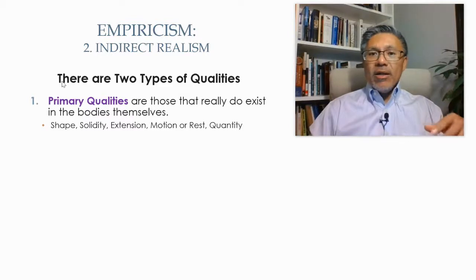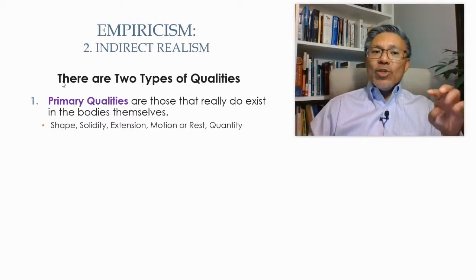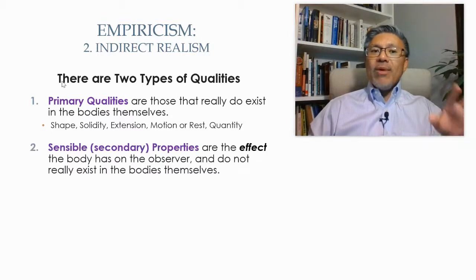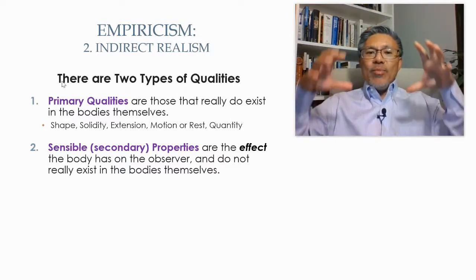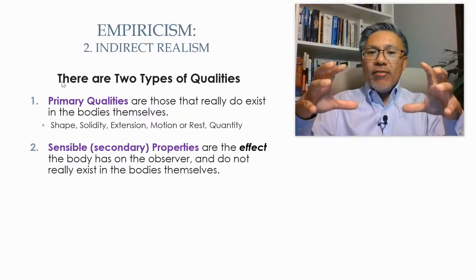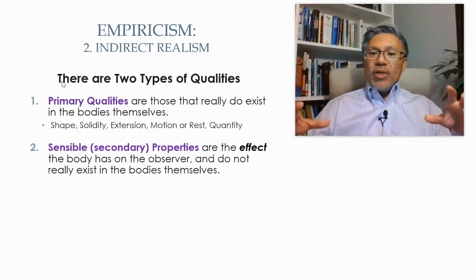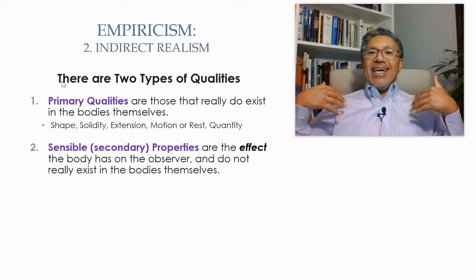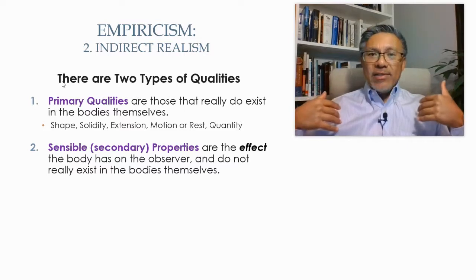How many there are? Primary quality of the object. And he's going to distinguish primary quality from sensible or secondary properties. Instead of these as being properties of the objects themselves, sensible properties are the effect that the object has on us.